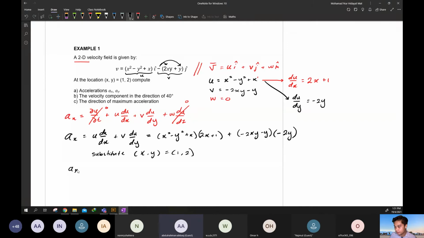Du over dy isn't going to be minus 2x minus 1, because when we differentiate the minus 2x, dy will go away, and then y will differentiate to 1. How did we get minus 2y? Okay, this is u.